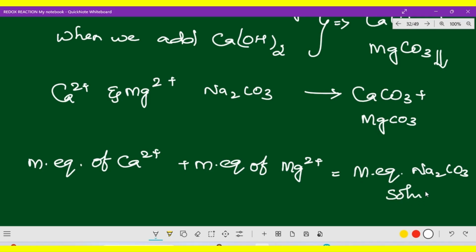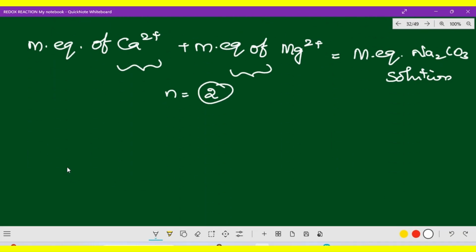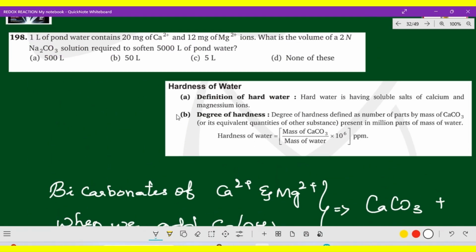That's what they mentioned. The valency factor N for both is 2. So let us find the milli equivalent of the Ca2 plus ion. It is given mass by molecular mass into N factor.